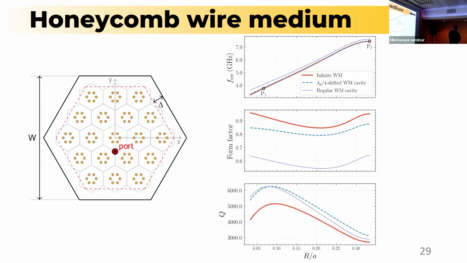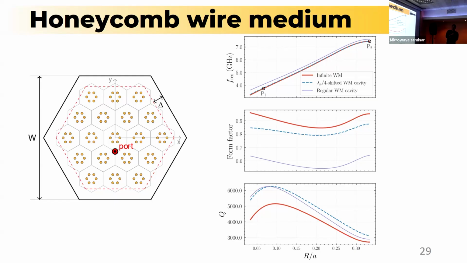If we check these side results about the form factor, here is a difference that was a question before. The infinite wire medium indicates an ideal case in which we don't have an air gap. It has the highest form factor because it has the highest field homogeneity.